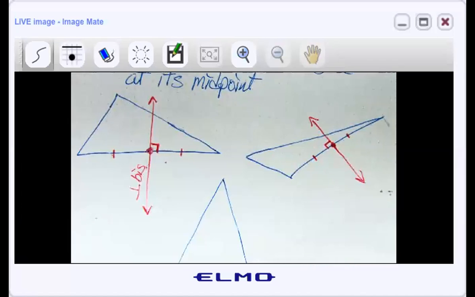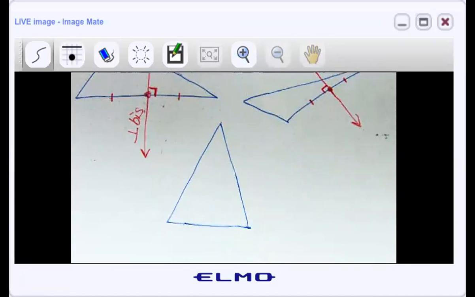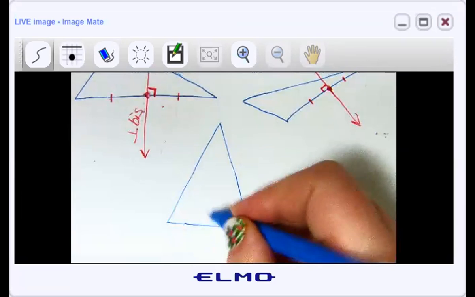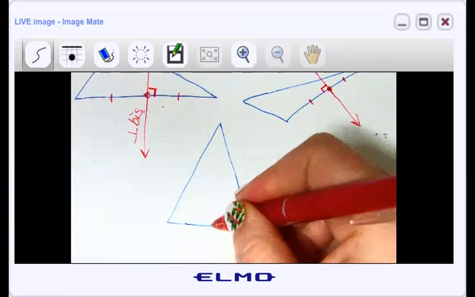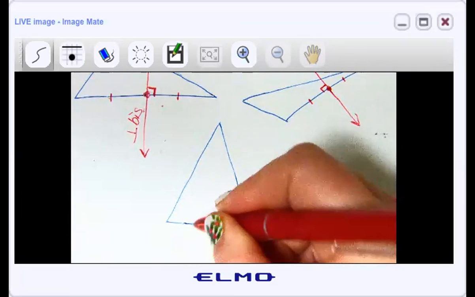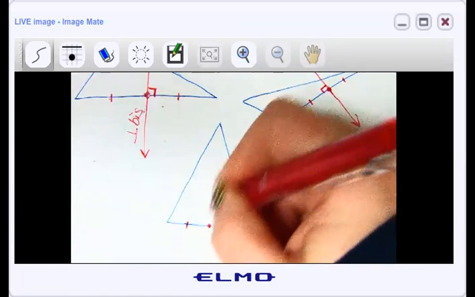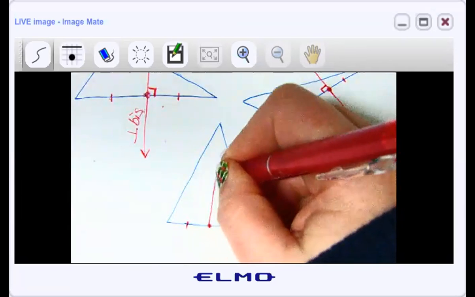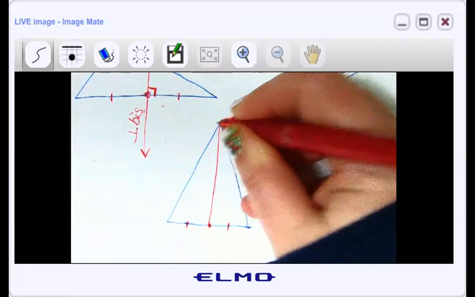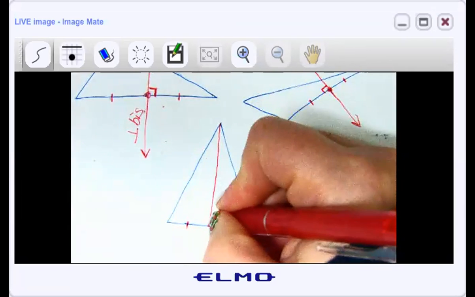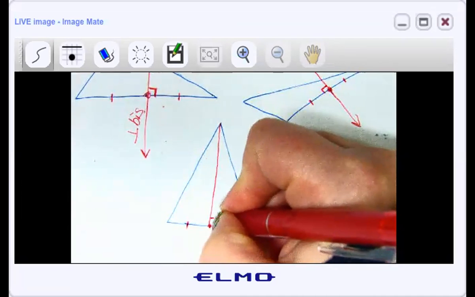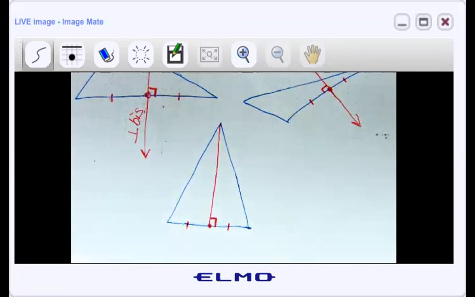So if I had a triangle like this one, and I went ahead and eyeballed the middle, I'm going to mark these two sides congruent, and then it's got to be perpendicular. So in this case, it just so happens to hit that vertex. Let me go ahead and mark it as perpendicular. So that can happen.